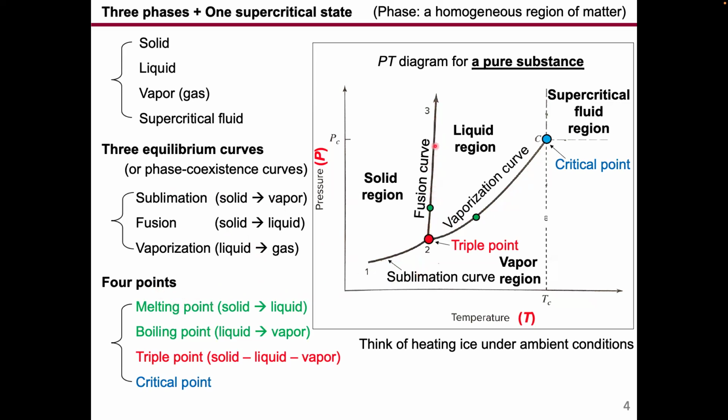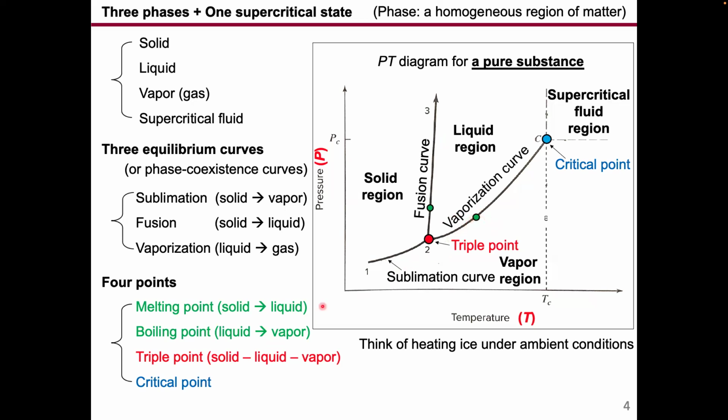And then we have four points, right? Any point on the fusion curve is a melting point, where you are going from solid to liquid. Any point on the vaporization curve is called a boiling point. So when you heat liquid water up from room temperature to 100 degrees C, it will start to boil and enter the vapor phase, right?